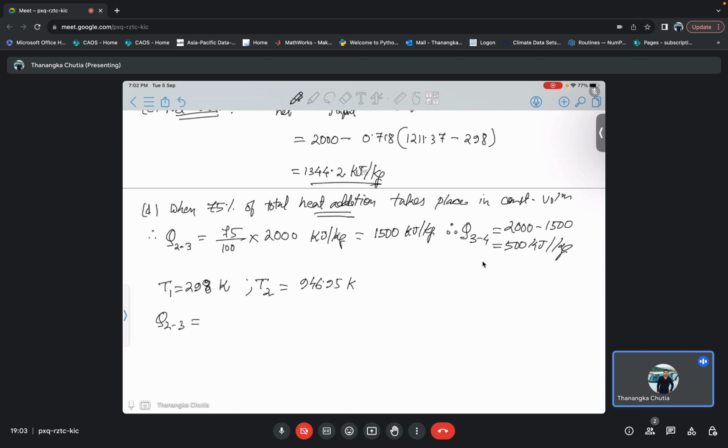Now Q2-3 is equal to 1500. That means Cv times (T3 minus T2) is equal to 1500. Okay, so that means 1500 divided by 0.718 is equal to T3 minus 946.95.